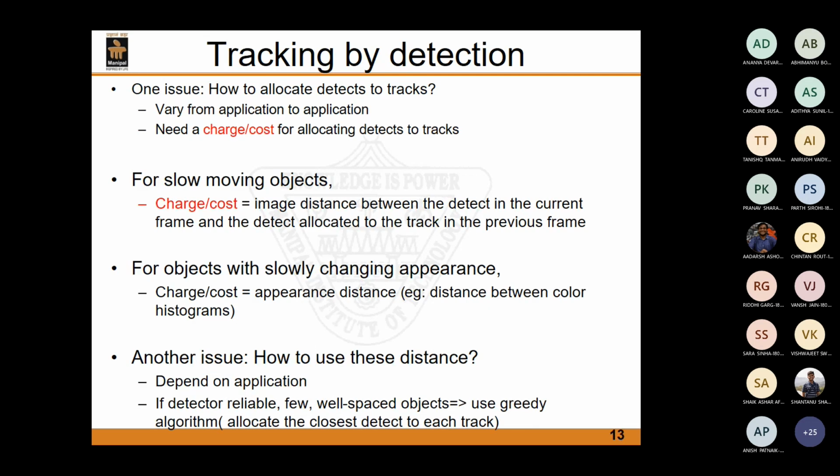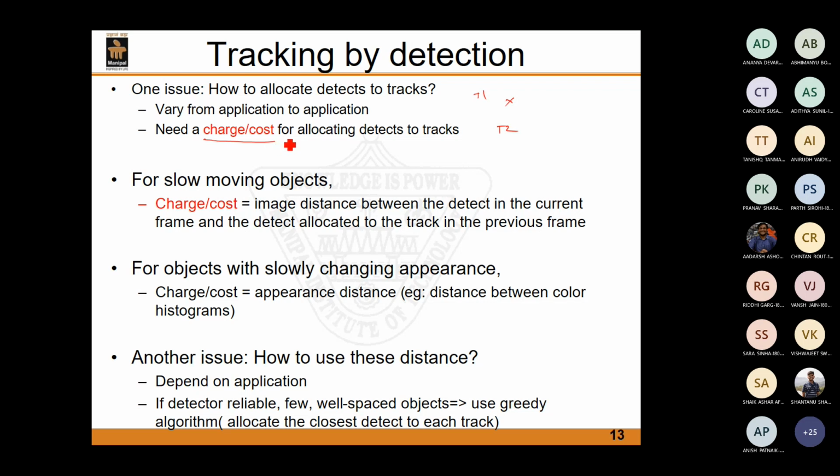So in order to allocate the detections to the tracks, what we do is we give a particular charge or cost for the allocations. In order to identify whether a particular response that we got belongs to track 1 or to track 2, we give some kind of cost function.